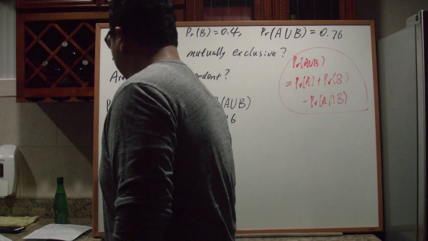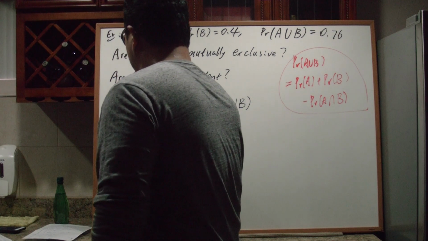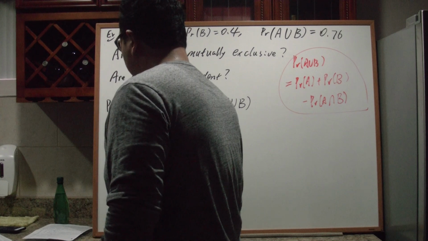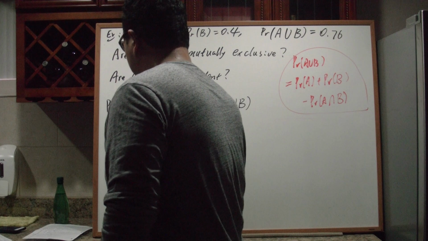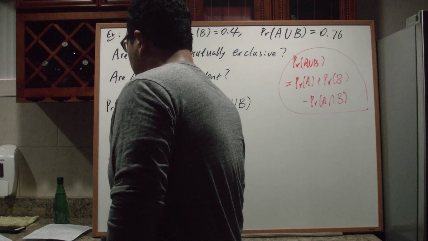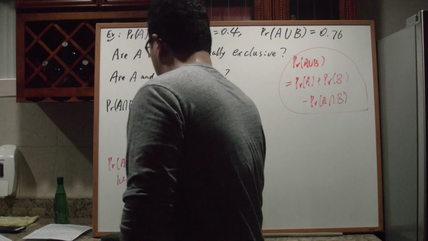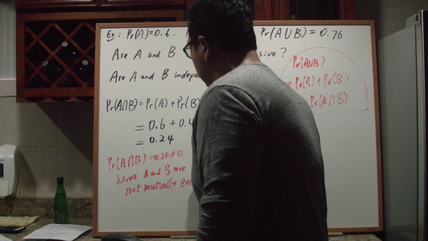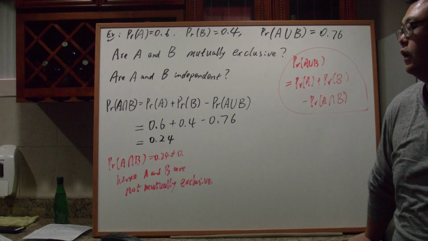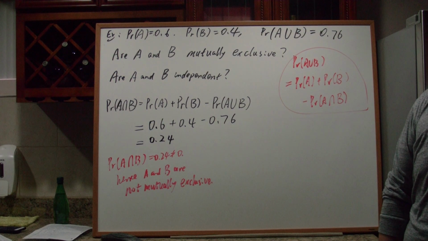So the probability of the intersection is not equal to 0. Since the intersection is not equal to 0, hence A and B are not mutually exclusive.